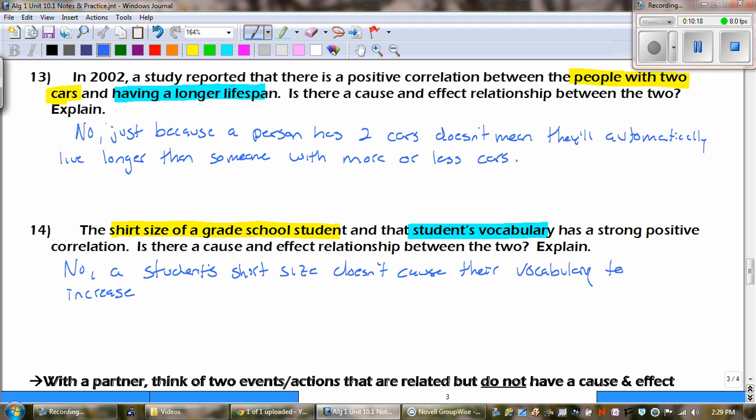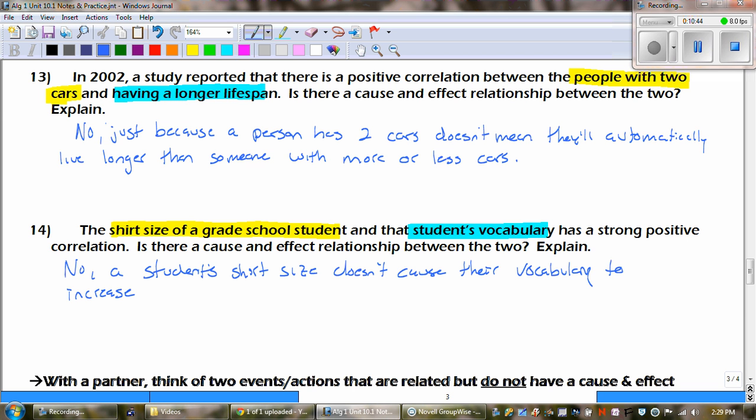For example, a dwarf can still be smart and have a big vocabulary. Just because they're smaller doesn't mean it limits their brain capacity. The same thing goes for someone who's really, really big. Maybe if they're really big, maybe they just can't remember. Who knows? But there's no cause and effect relationship between the two of those.